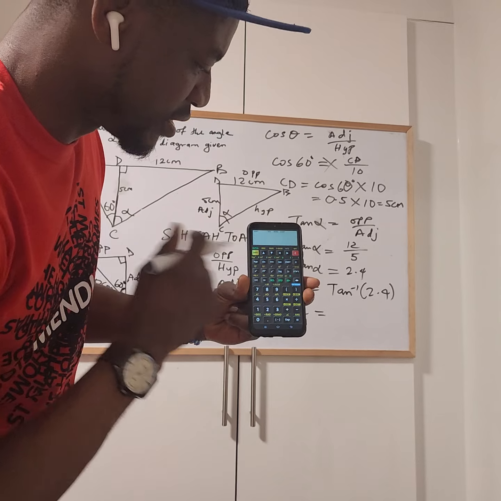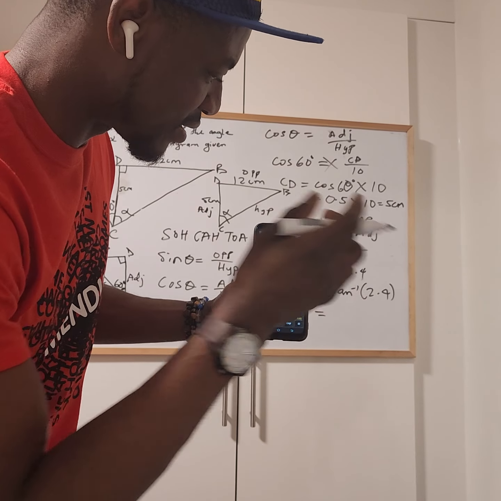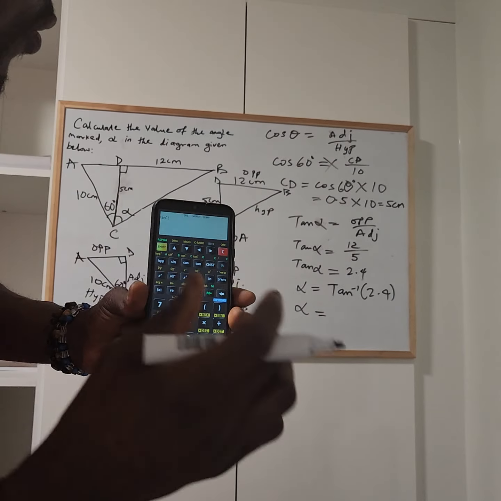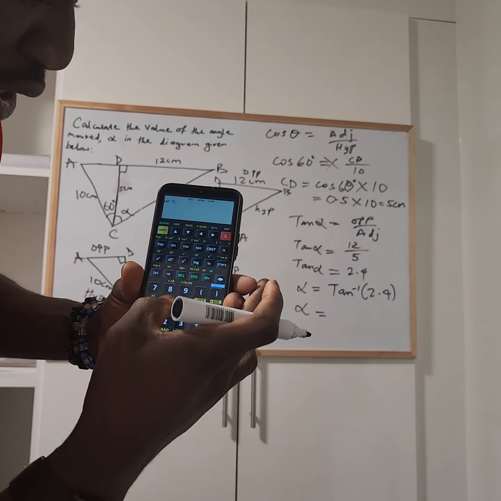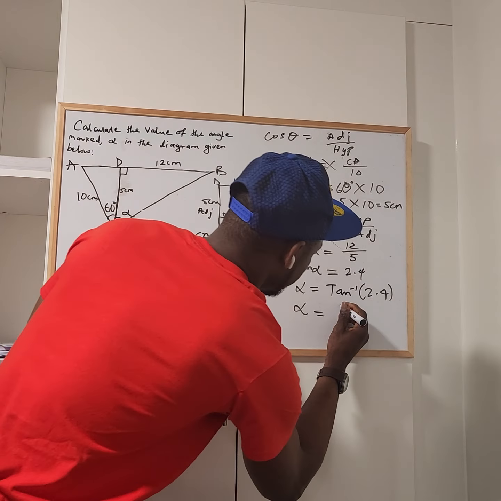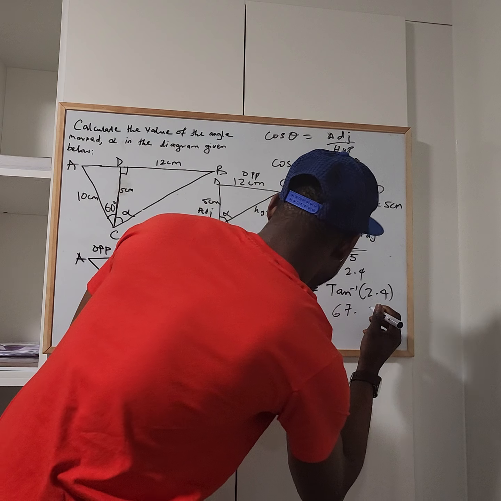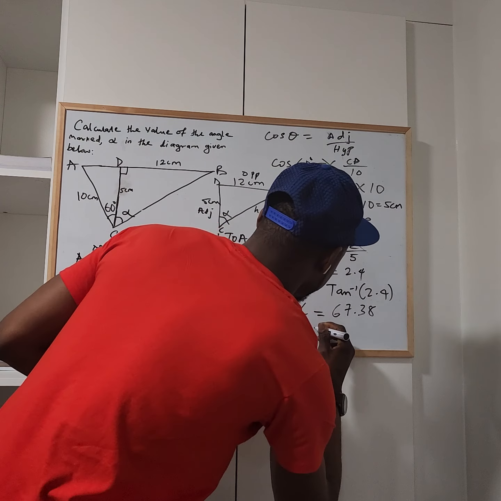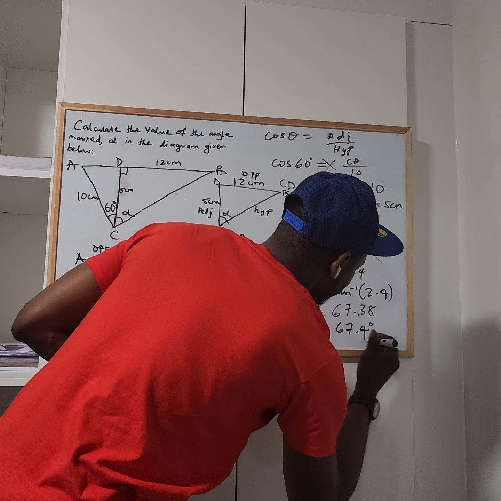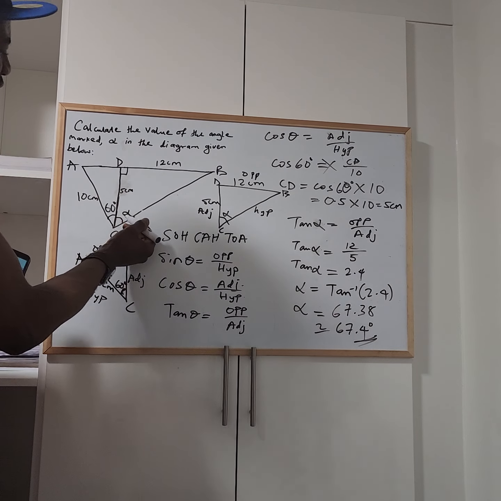Press shift, then press tan. You can see that is the tan inverse. What's the value you're looking for? 2.4. And this will give us 67.38. We can round it up to 67.4 degrees. So that's the value of this angle here.